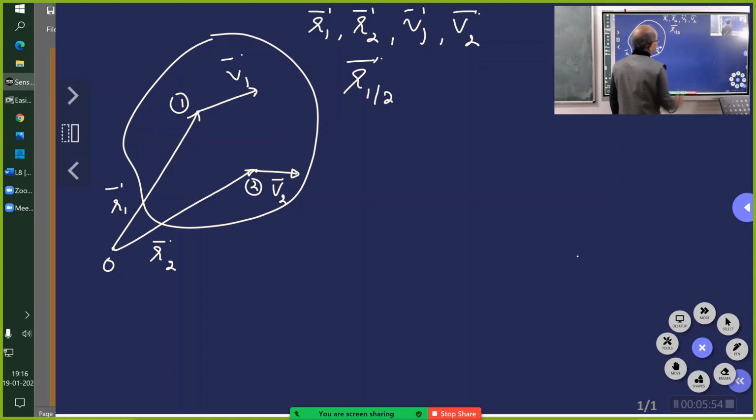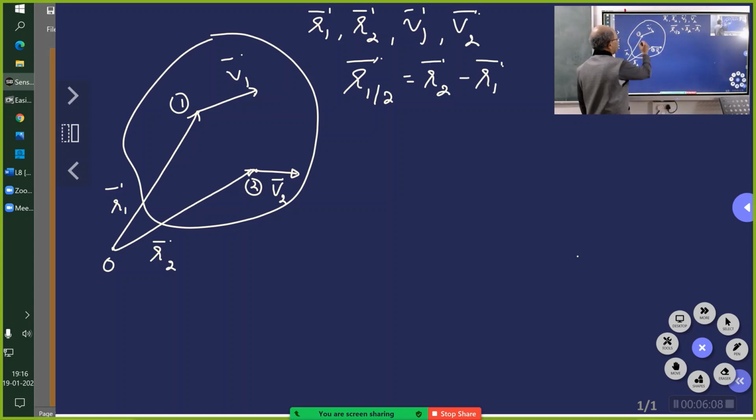R12 bar. The vector that is from 1 to 2. So this is R2 bar minus R1 bar, right? So this will be the vector, correct? So R12 bar.